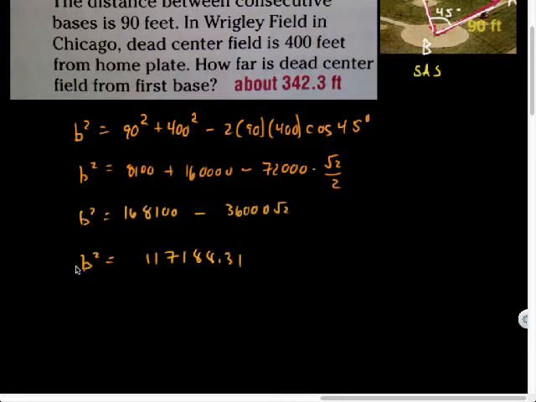And then, of course, I would root both sides to solve. And we would find that b is approximately the positive square root, that's why I'm only writing the positive, 342.33 feet.